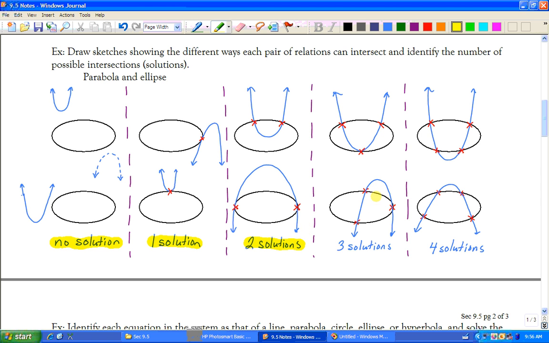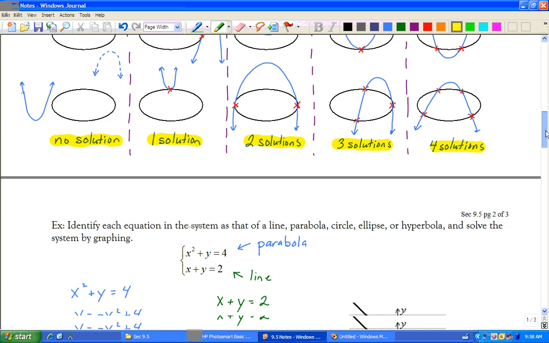The next one, just a couple examples of where it could intersect and have three solutions. And then our last one, again, the intersection of the ellipse and the parabola creates four solutions. Those are just an example of a couple of the sketches that would give us those many solutions. There's not a way to give us 5 solutions, so we've exhausted our list there.